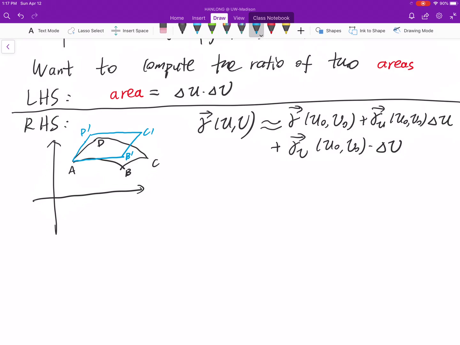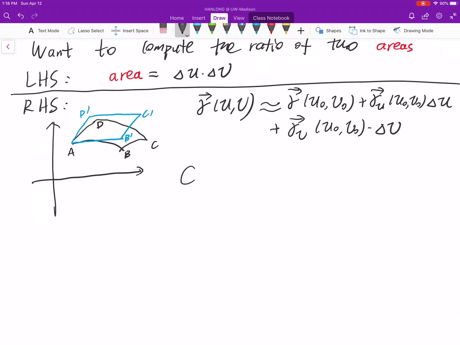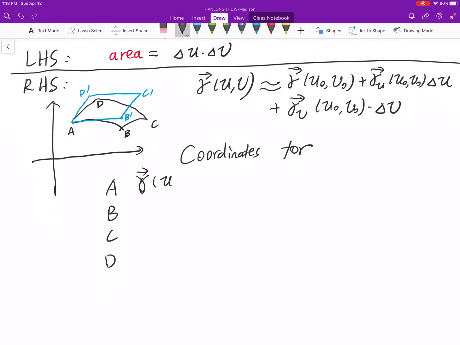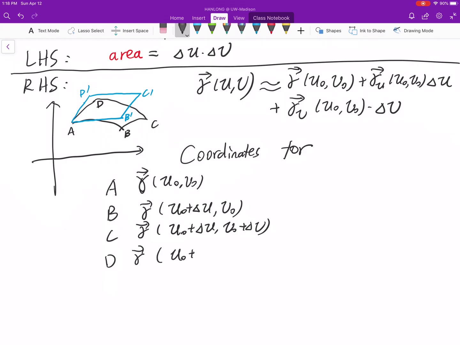And recall the coordinates for A, B, C, D. Let me write them down in vector form: gamma(u0, v0), gamma(u0 plus du, v0), gamma(u0 plus du, v0 plus dv), gamma(u0, v0 plus dv).